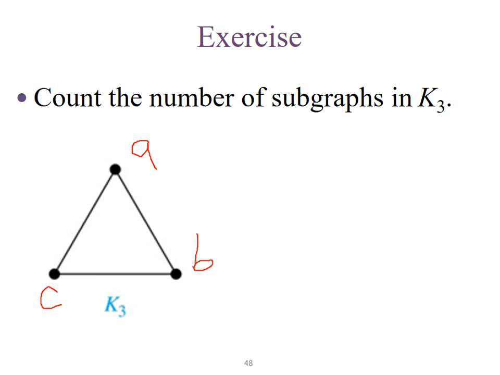Okay, so let's see. For the first case, if you choose only one vertex, then his answer will be A. But you can also choose B or C. So if we only choose one vertex, we have 3 different subgraphs. Okay, if you choose 2 vertices without edges, then we have 3 different choices: A, B, A, C, and B, C, right?